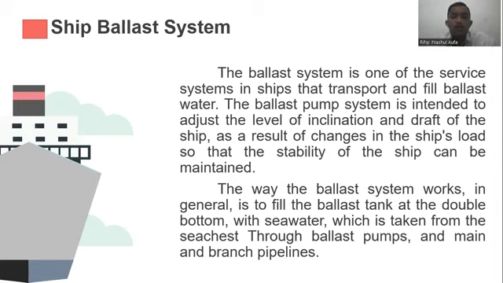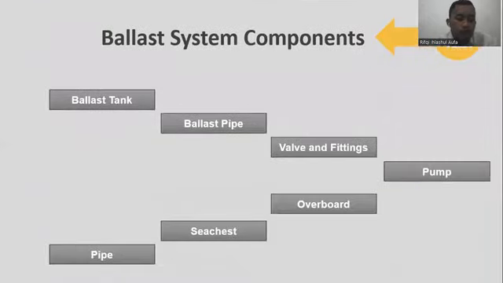The way the ballast system works, in general, is to fill the ballast tank at the double bottom with seawater, which is taken by the ballast pump through the main and branch pipelines. Ballast system component.